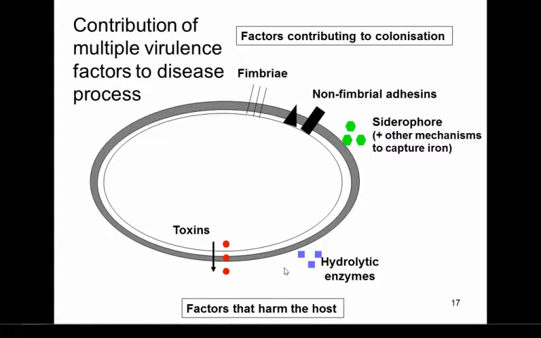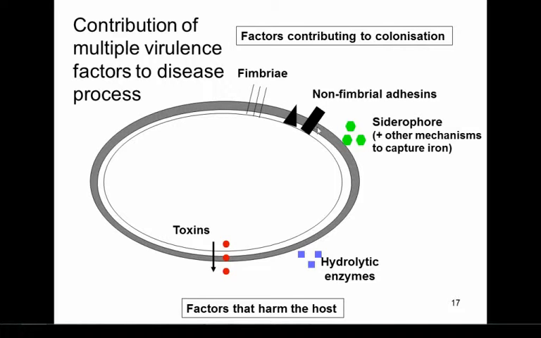Okay, so these are a lot of different processes, okay? Colonization, invasion, avoiding the host immune response, and actively harming the host. So for a bacterial pathogen, they really need to have a lot of different proteins that are expressed.